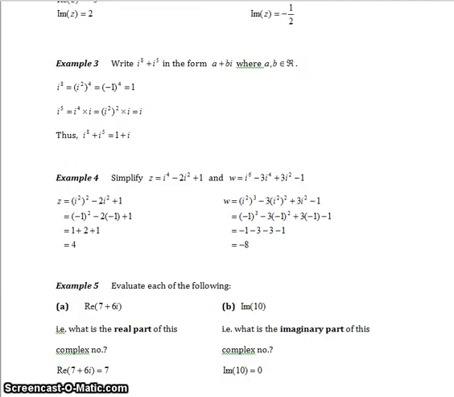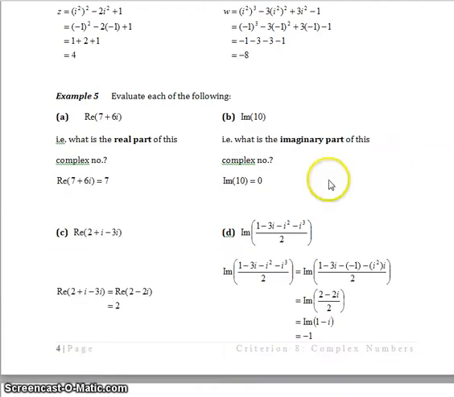And as we progress a little further, RE of 2 plus i minus 3i. We just need to do a bit of simplifying here. The i minus 3i becomes minus 2i. And so RE of 2 minus 2i is 2. And this one here, IM of this, we just need to simplify further.